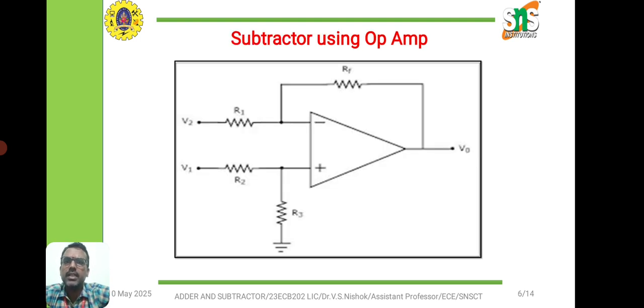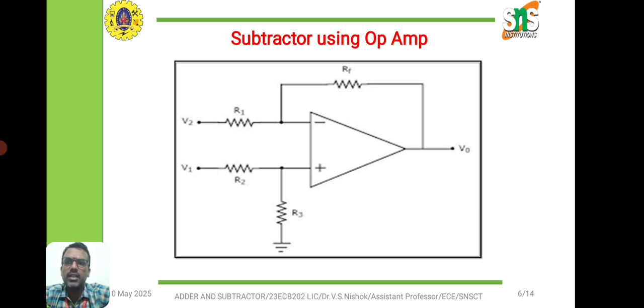Similarly, coming to the subtraction operation, there is a slight change. Since it is a differential amplifier, we are finding the difference value. The two voltages are connected to the two different input terminals of the operational amplifier.